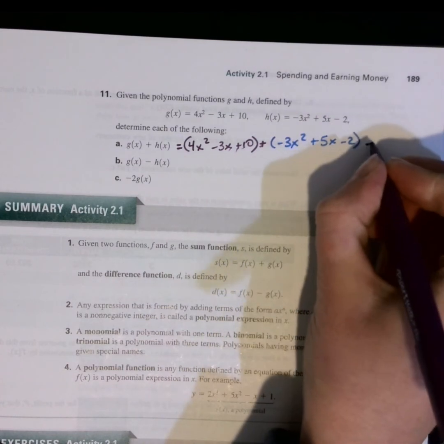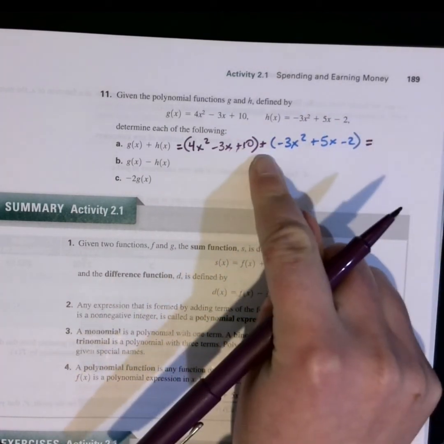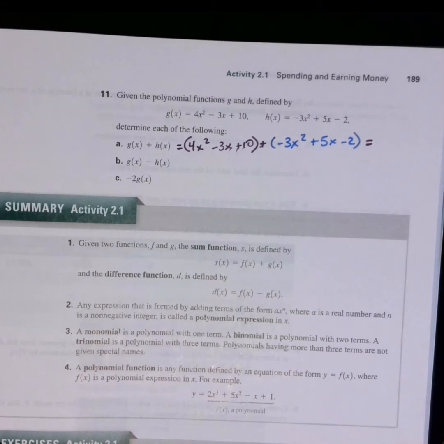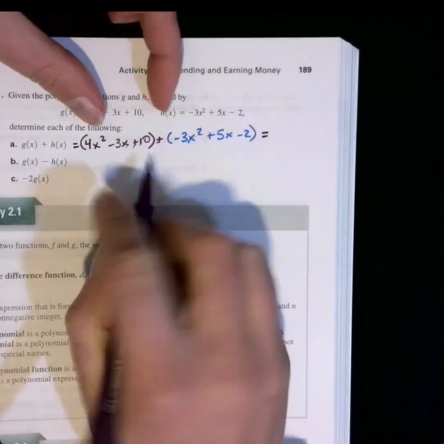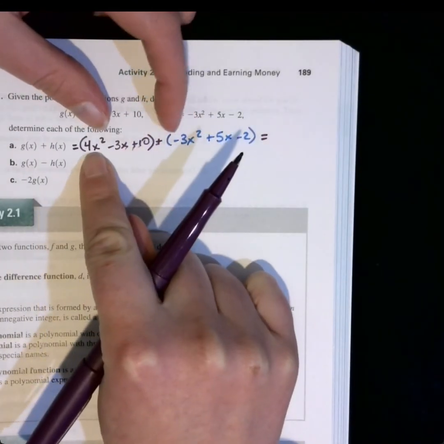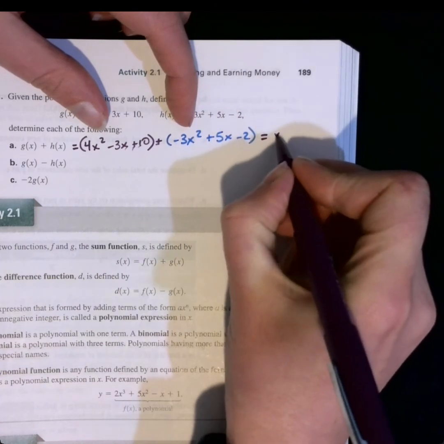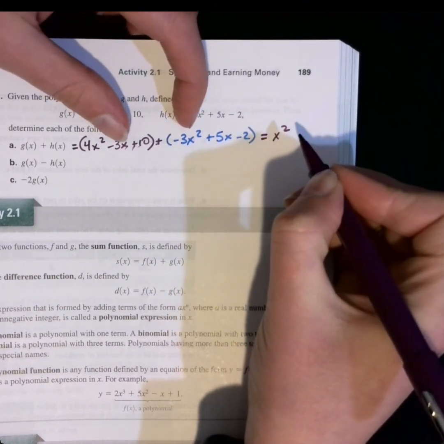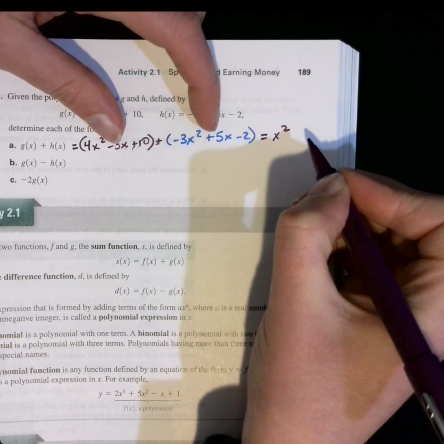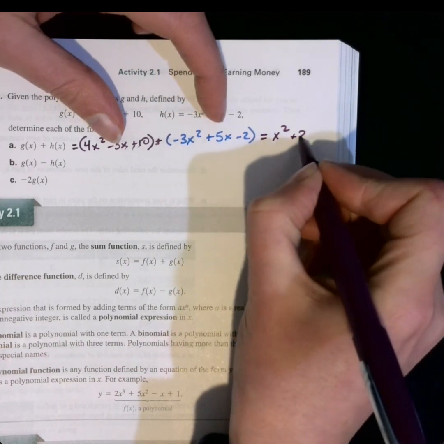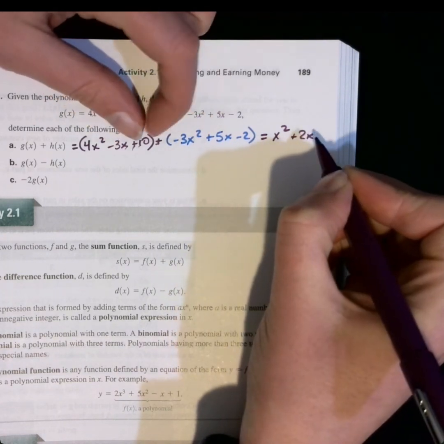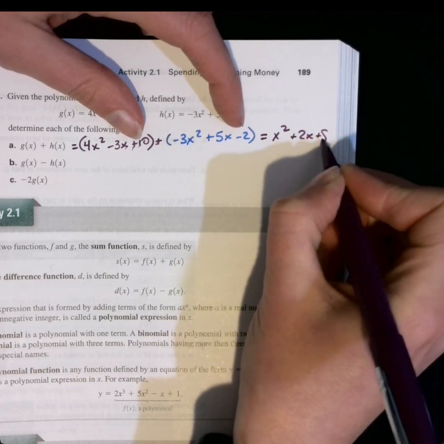So I really can ignore the parentheses for addition only. And I don't have room to rewrite, so I'm going to ignore them. And I'm going to say the 4x squared plus the negative 3x squared gives me 1x squared. The negative 3x plus the 5x gives me 2x. And the 10 plus the negative 2 gives me 8.